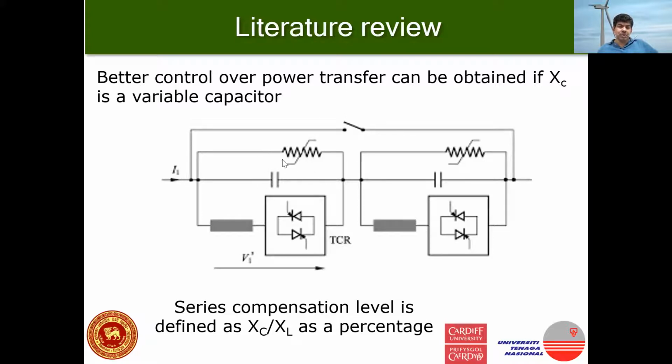It allows us to change the capacitance by having capacitors in stages with a back-to-back thyristor controlled reactor. When this reactor is on, you are taking off the capacitor in series with the line. When this is off, you add the capacitor in series with the line, and you can do that in stages. The total XC added by the series capacitor divided by the line impedance is called the series compensation level, which is usually defined as a percentage.